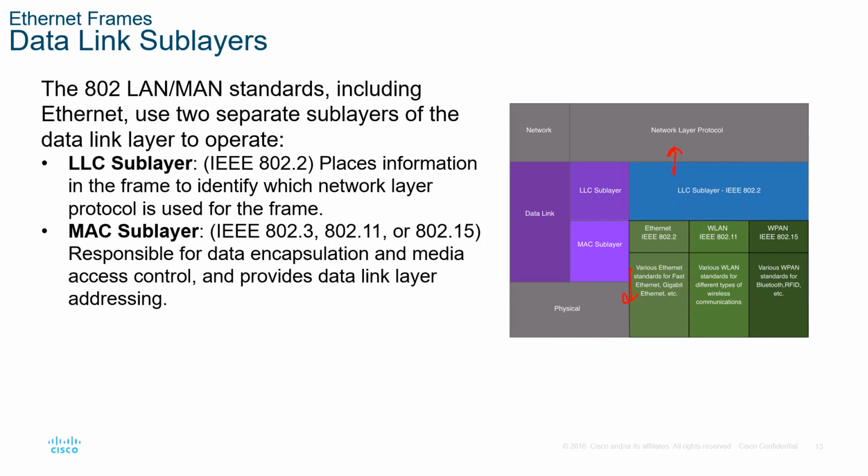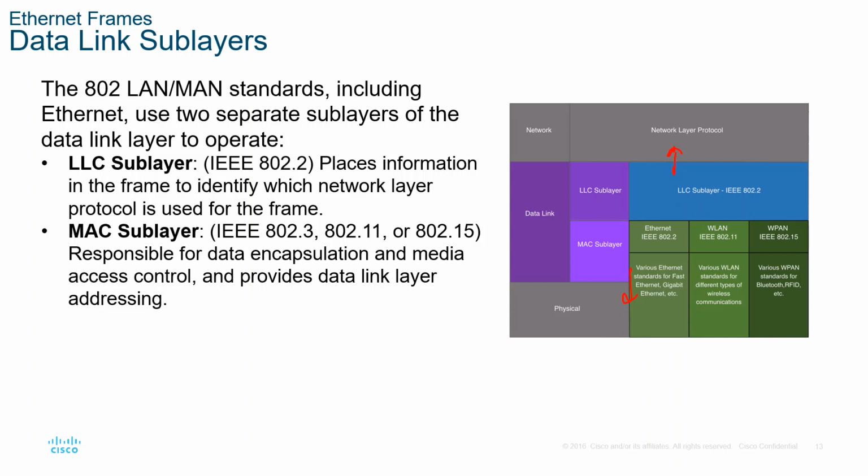Next we have the MAC sublayer, which is defined in 802.3, 802.11 or 802.15. Basically, the MAC sublayer is implemented in hardware, and it is responsible for data encapsulation and media access control. This sublayer provides data link layer addressing and is integrated with various physical layer technologies.